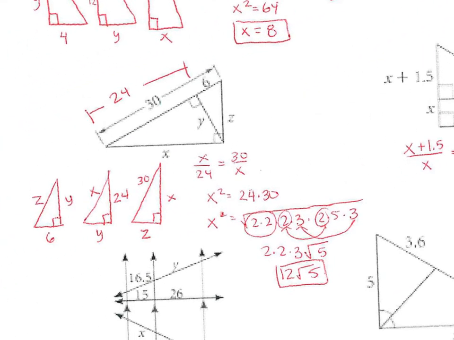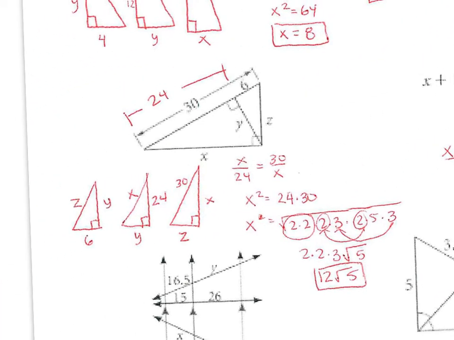Okay, then down here, if I knew that all the way across was 30 and this part was 6, this part's 24. So I broke up into three triangles again. The long side is y, the short side is 6, the hypotenuse is z.